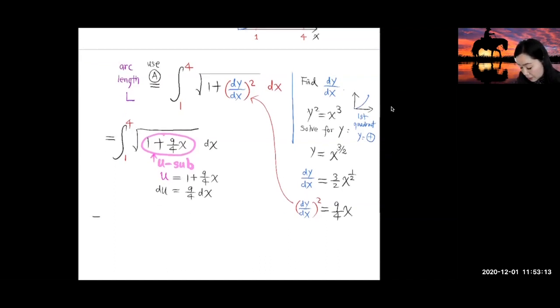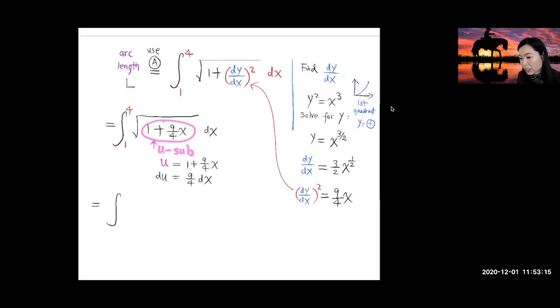Now this is going to change. Remember, you need to change the upper and lower limits once you do the U sub. When x equals the lower limit 1, what does u equal? Doing the calculation, that is 13 over 4.